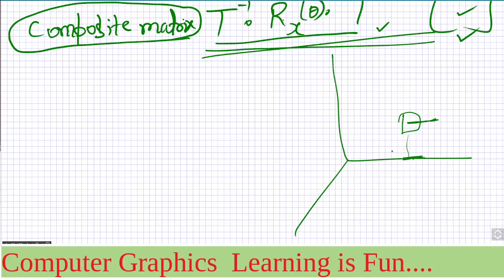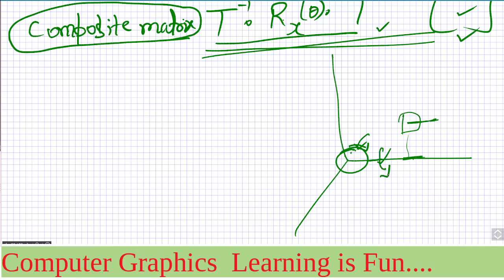In that case, what you will do is first of all bring it to the origin. Then rotate the object itself to bring it parallel to any one of the axes, then perform your desired rotation.